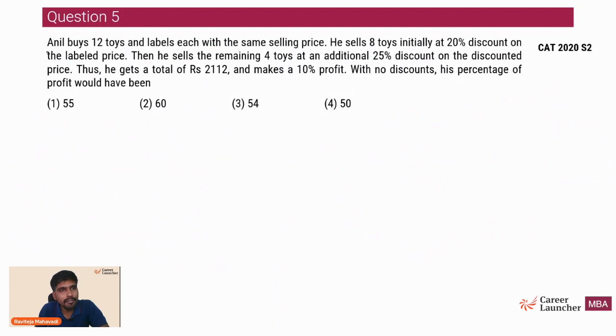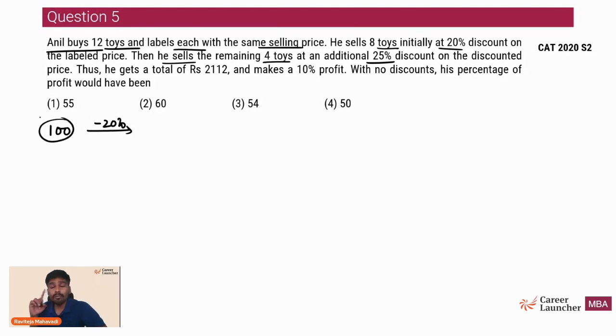Let's look at question 5. Anil buys 12 toys and labels each of them with the same selling price. He sells 8 toys initially at a 20% discount on the label price. Then he sells the remaining 4 toys at an additional 25% discount. Okay. So if I assume his initial price to be 100 rupees, with a 20% discount he goes to 80.